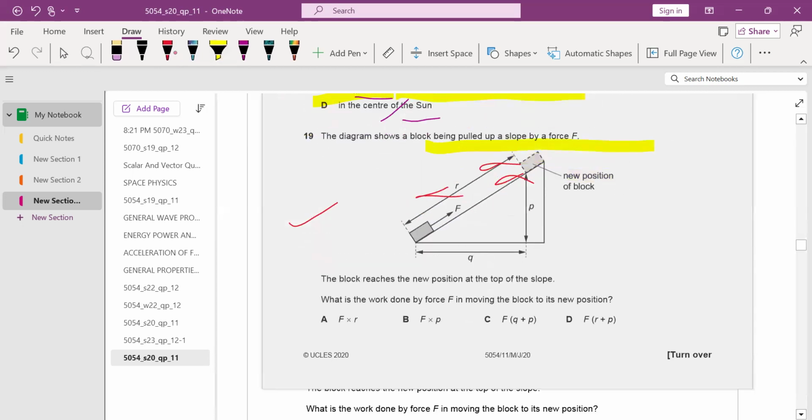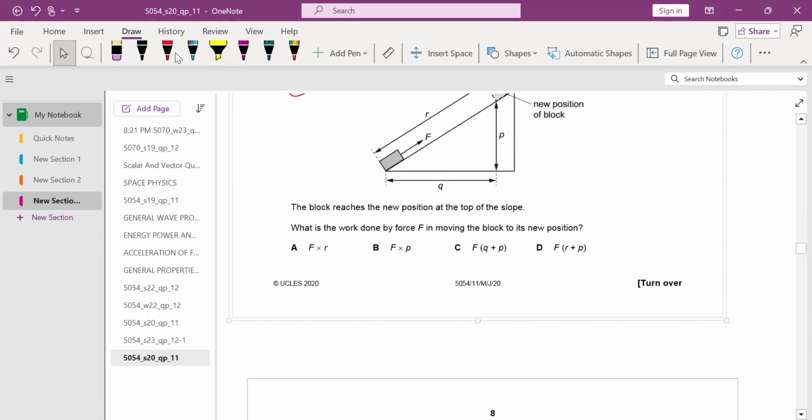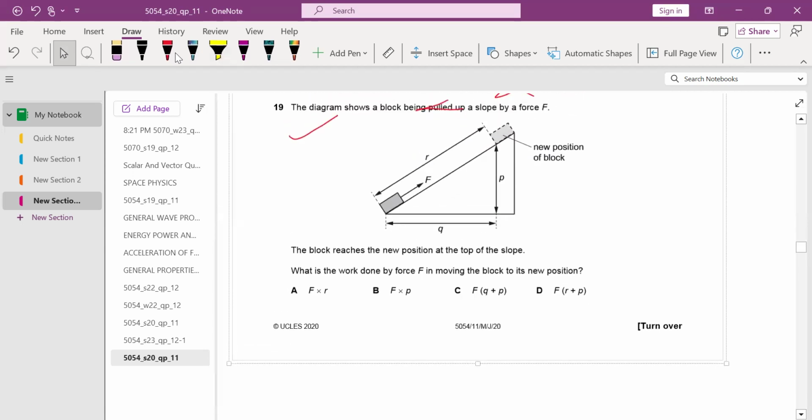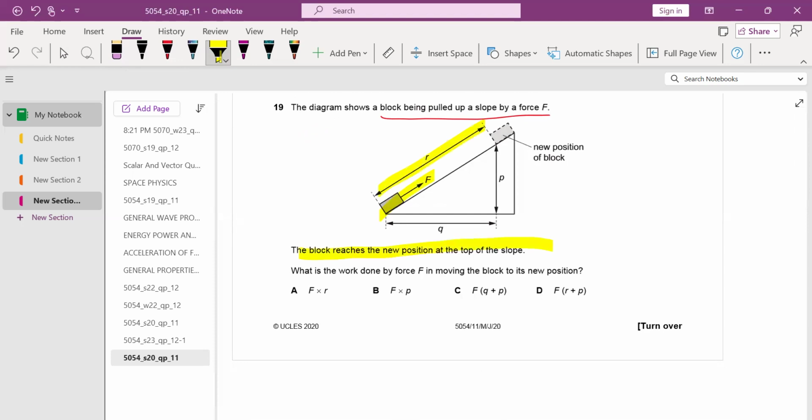Question number 19. The diagram shows a block pulled up a slope by the force F. Force is F and the distance is R. The block reaches the new position at the top of the slope.